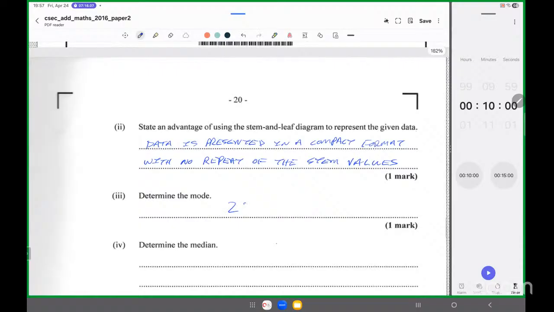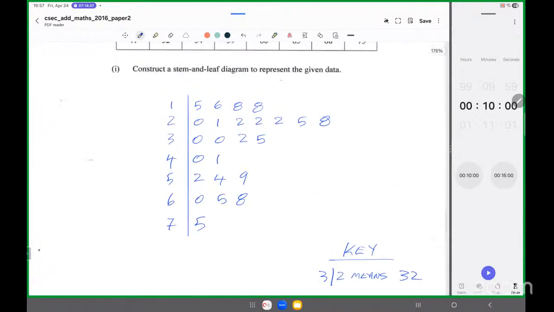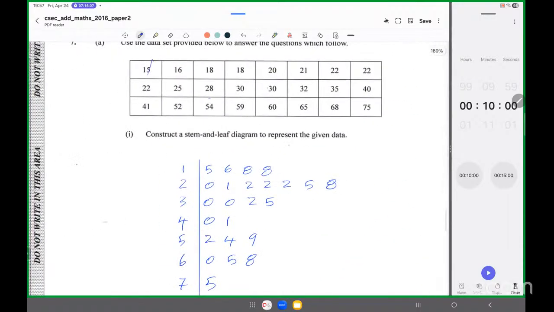Then I want the median. How many scores are there? 24.